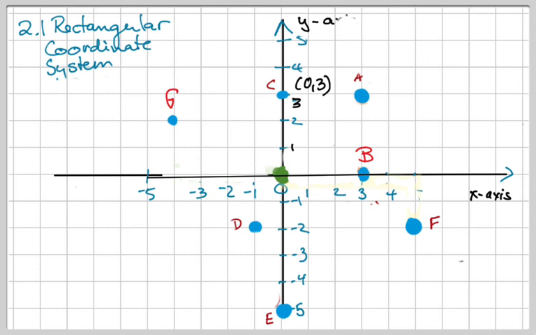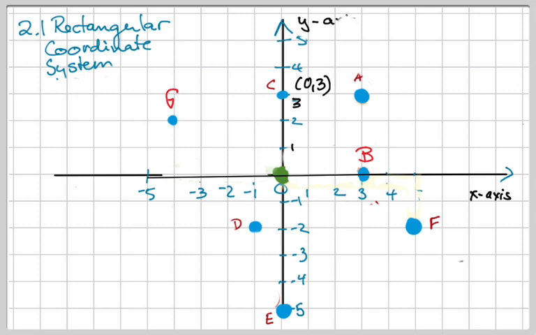So each section is equal and each section has a name. We're starting in the upper right corner, and that is called quadrant 1. In quadrant 1, you have x coordinates that are positive and y coordinates that are positive.